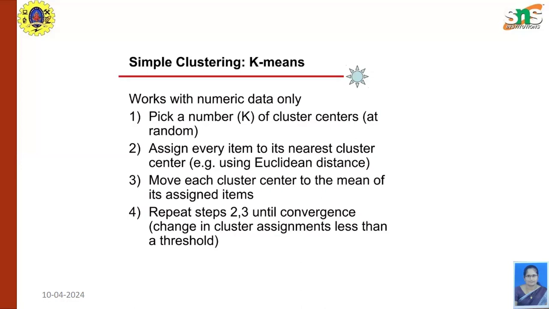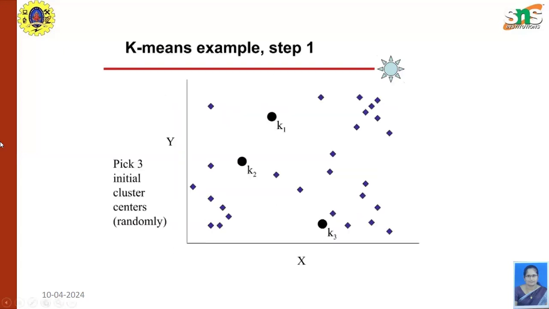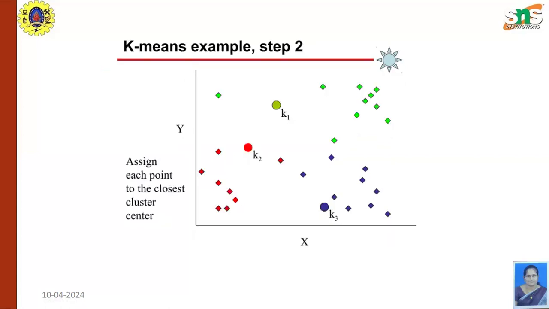Next we move the cluster center to the mean of its assigned points, and repeat. In this example, K1, K2, K3, three objects were identified as cluster centers randomly, and they are named and shaded.